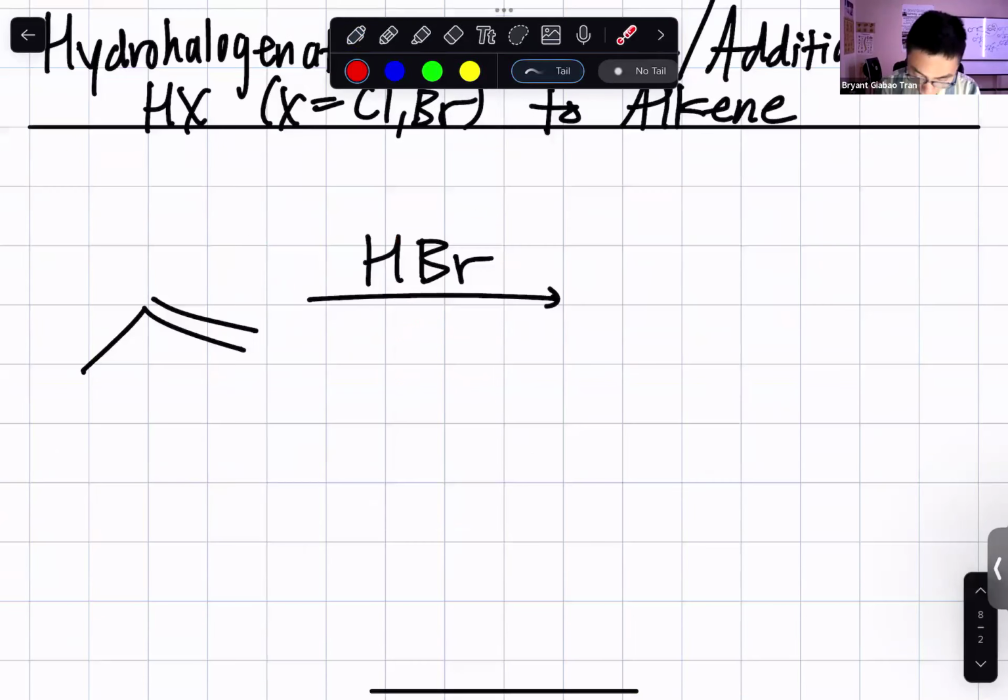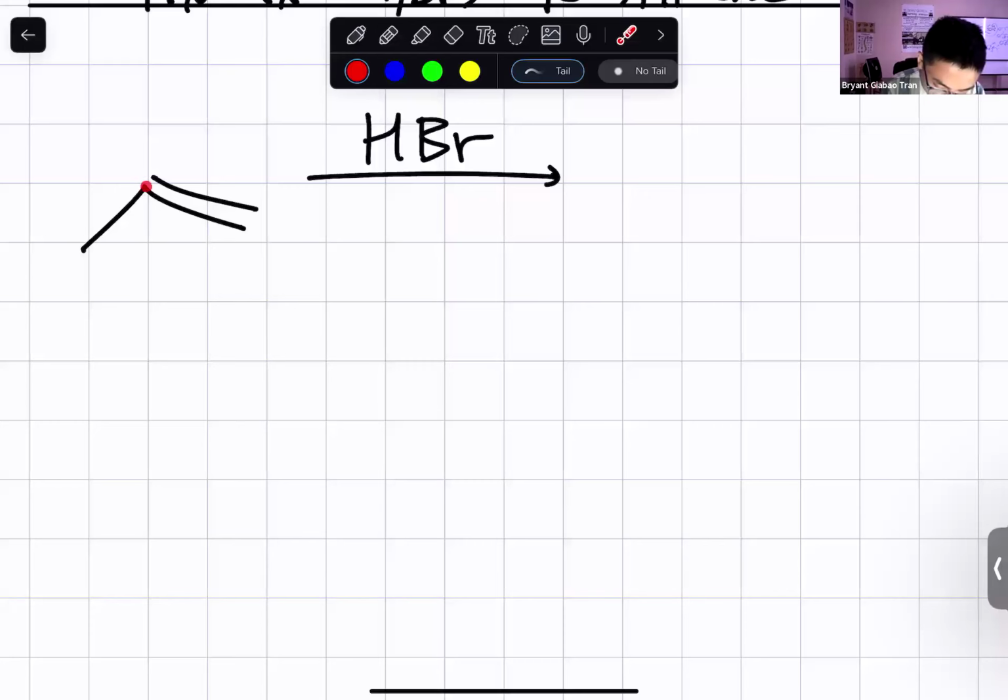So now I just gave you this basic example right here. If you see a carbon double bond carbon like that, these are very electron rich, right? There's a lot of electrons in this double bond region, right?